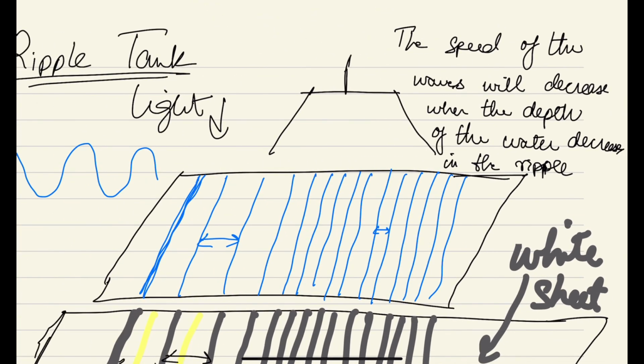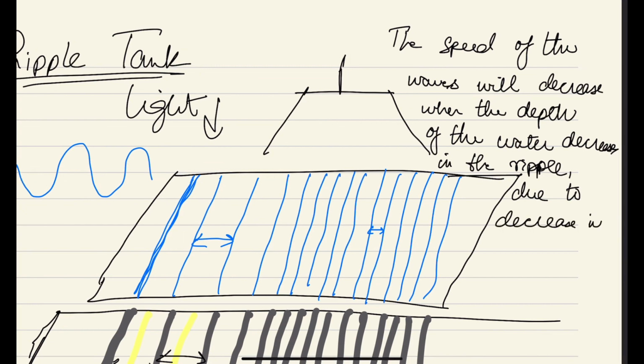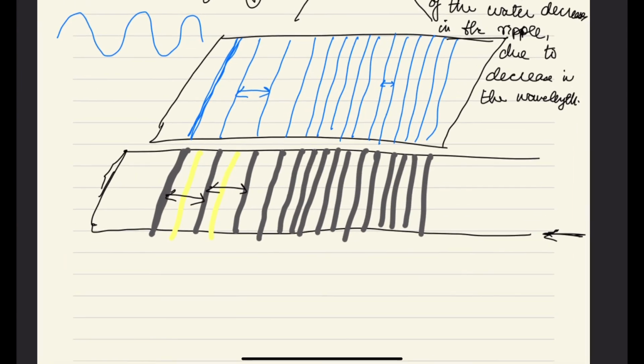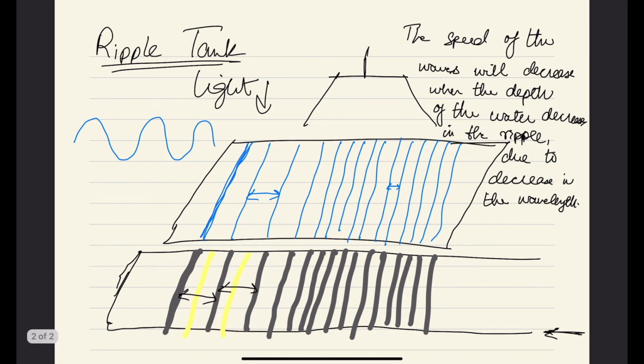And why does it happen? It happens due to decrease in the wavelength. So that's the whole story of the ripple tank. I hope you got it.